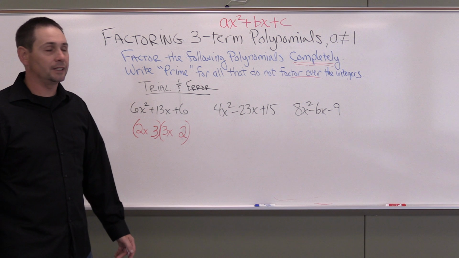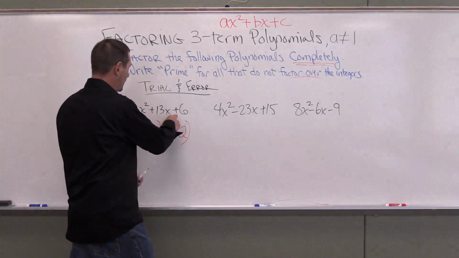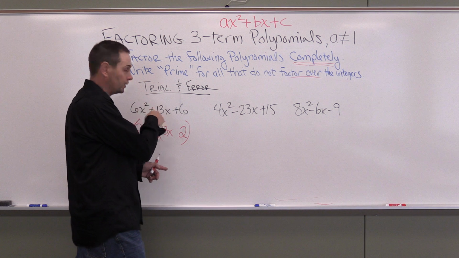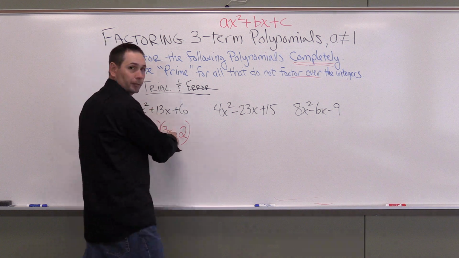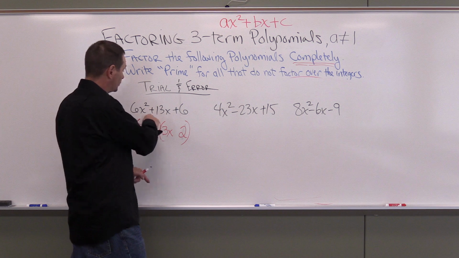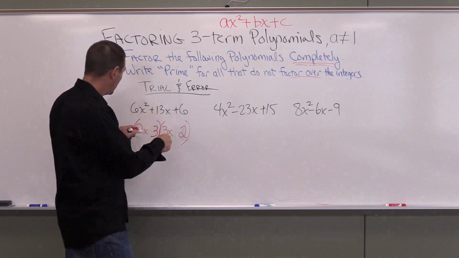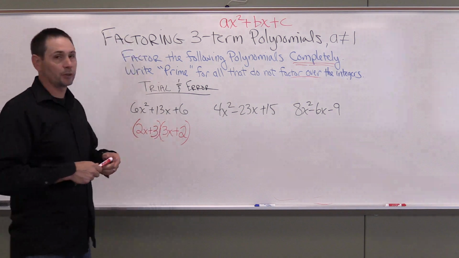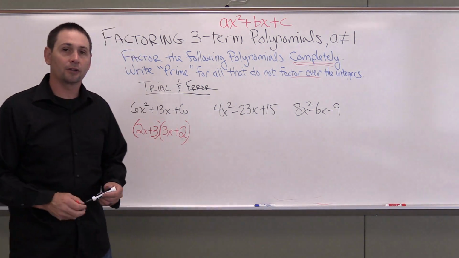Now the thing with signs, if this is a plus, that means these back factors are the same sign. When you multiply them, you get a positive. So they both have to be negative or they both have to be positive. I know they're positive by looking at B, because when you add your middle terms, you get a positive. So I know for a fact it's plus and plus. Now you always want to multiply it out to check to see if you got the correct answer.